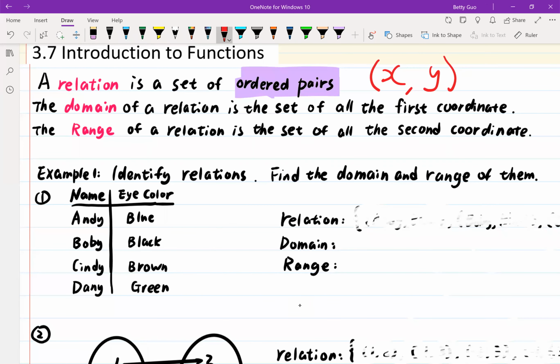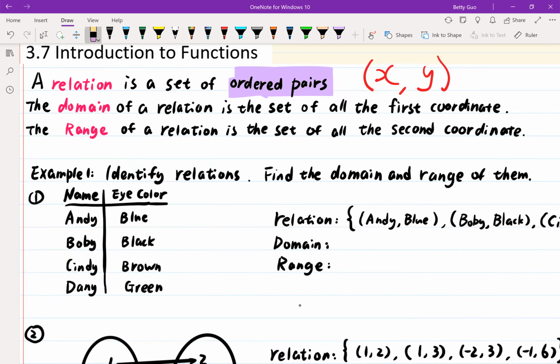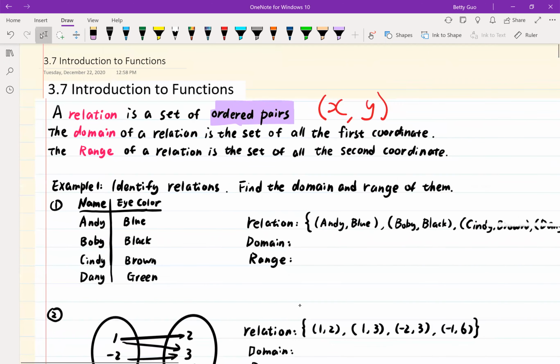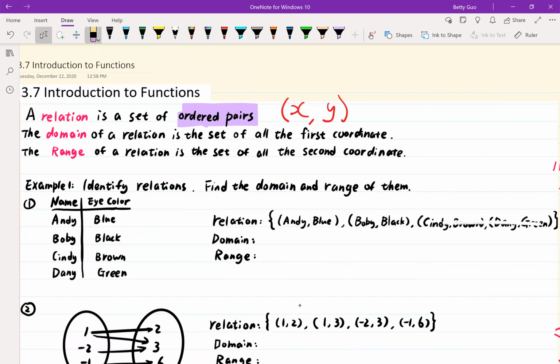We are able to write the information in the table as a set of ordered pairs. We have 4 pairs in the set.